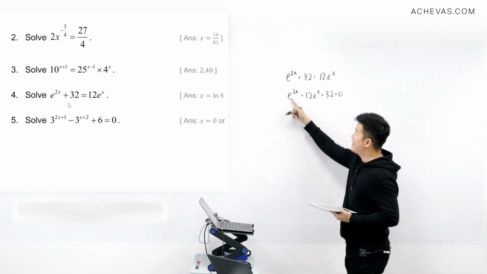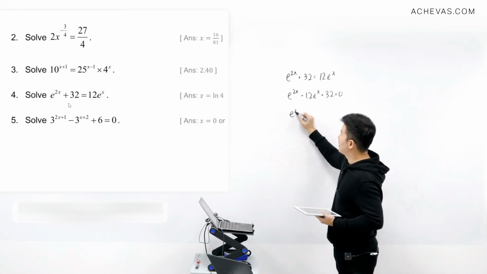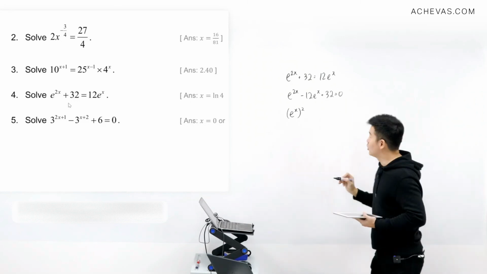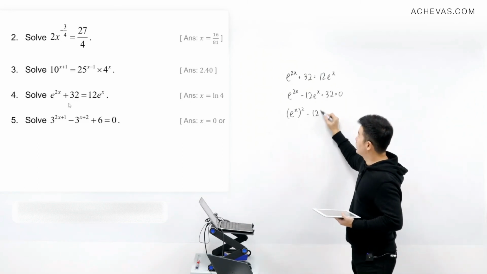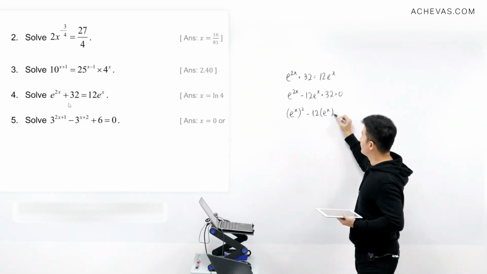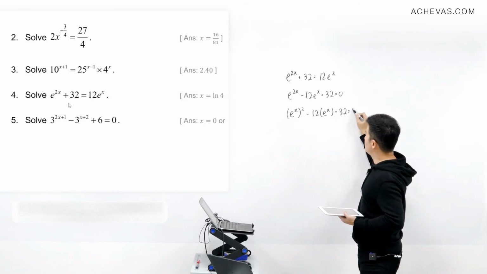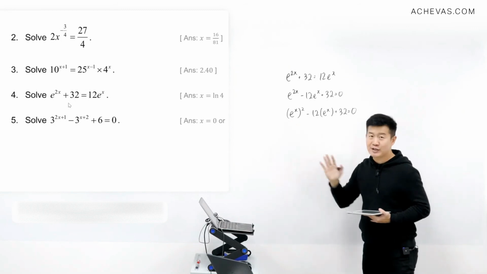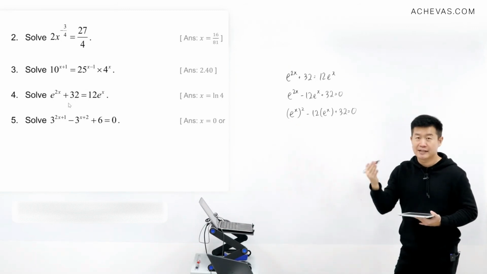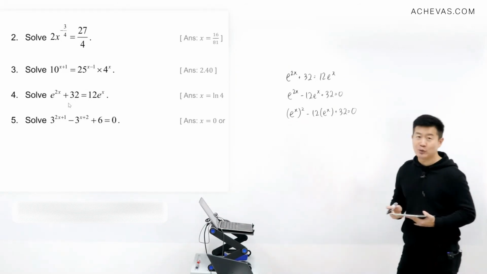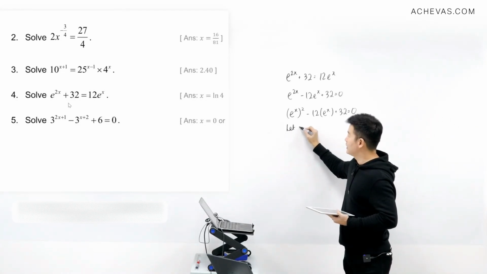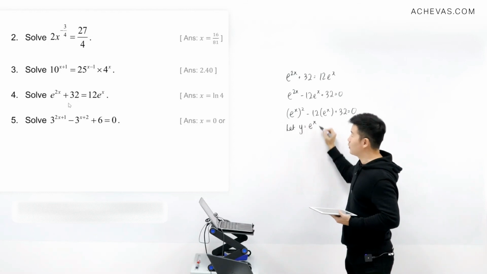I'm going to try to re-express this as e to the power of x, squared, using the indices law that we have discussed, minus 12 times e to the power of x plus 32, is equal to 0. So in this equation, we actually have a common expression in its exponential form, e to the power of x. So what I'm going to do next is let y be e to the power of x.